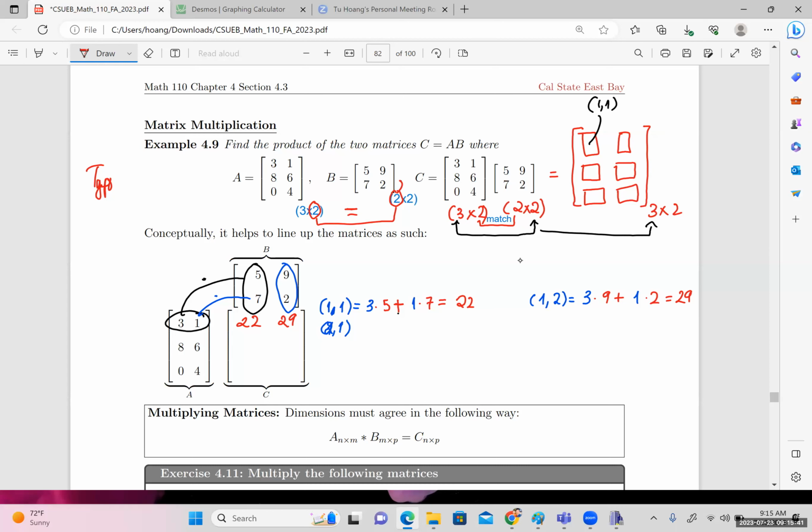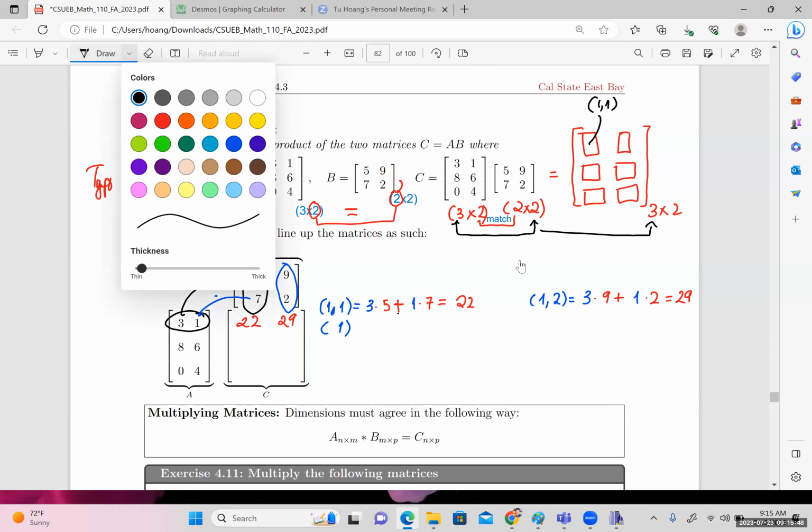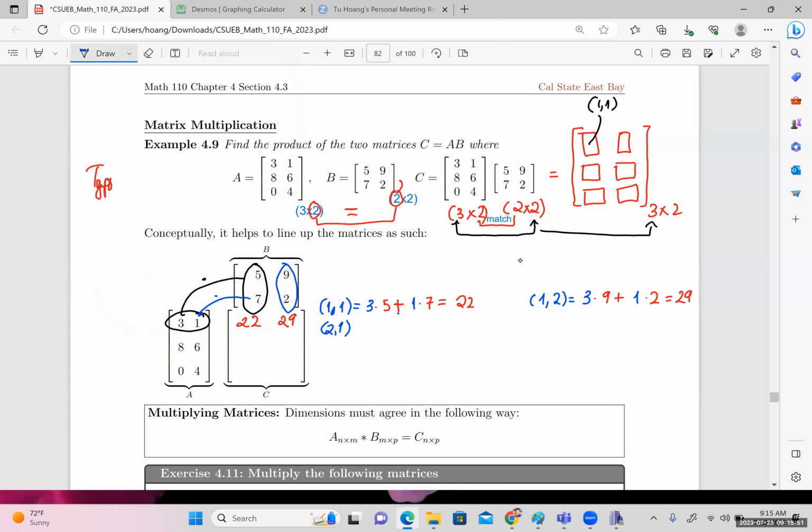And then the second row, entry 2 by 1. We're gonna use the second row, so we have 8 and positive 6.